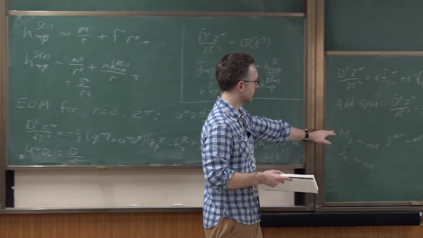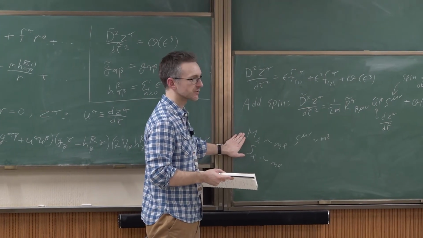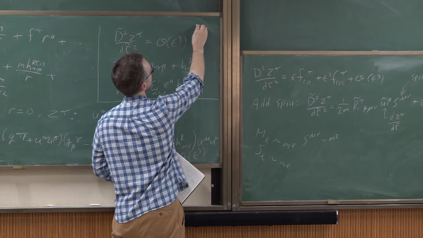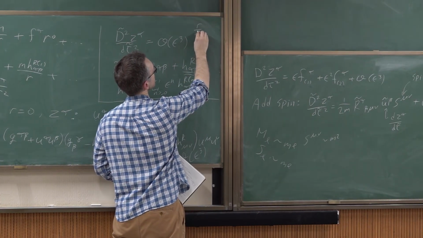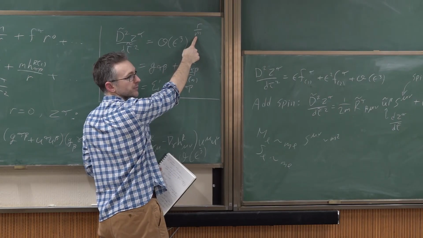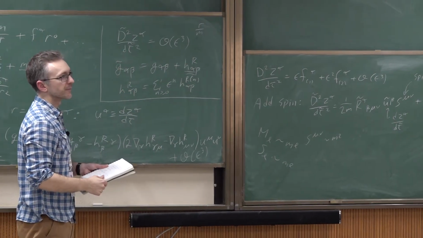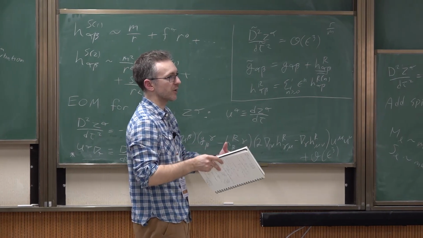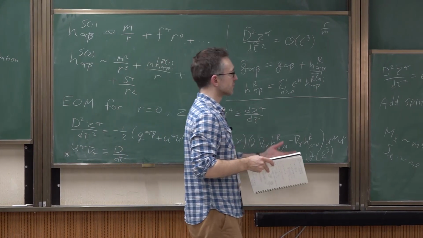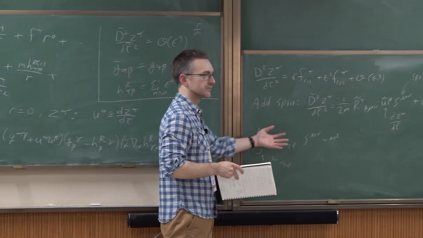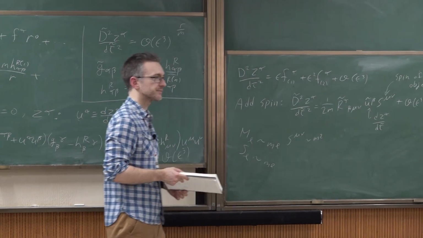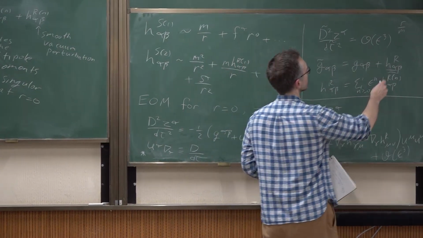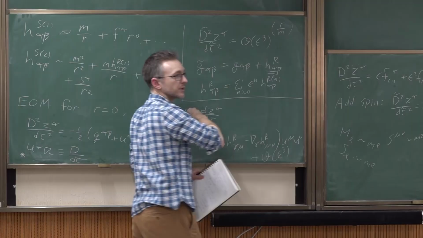Anyhow, the underlying thing that forces this to be true for us is that we assumed we had that nice expansion where the coefficients were functions of r over M. So that kind of assumes something about the behavior of the space-time near the object, that this is a small parameter.